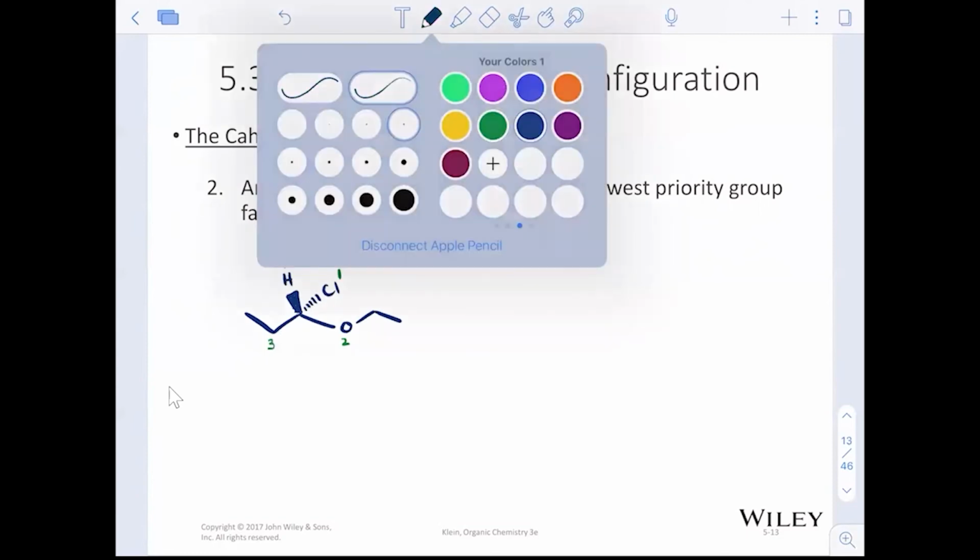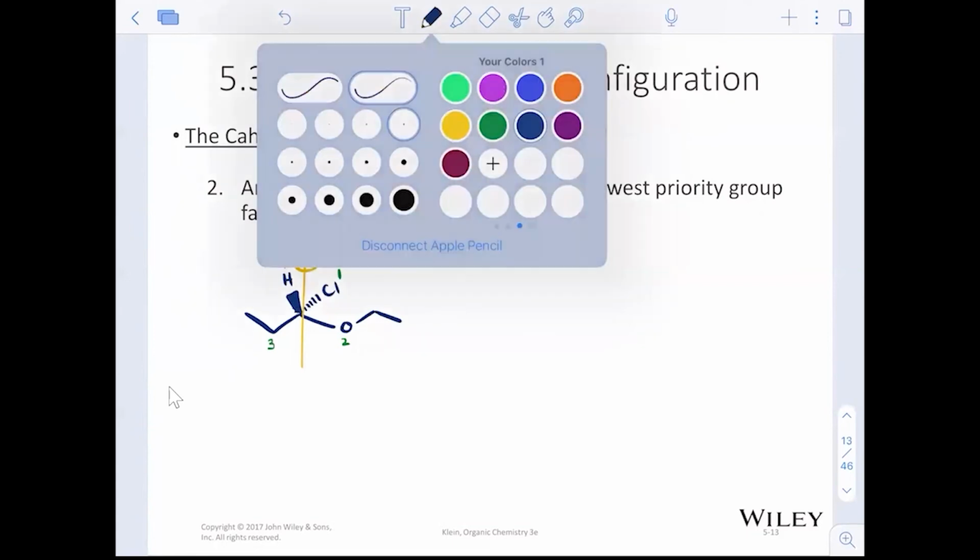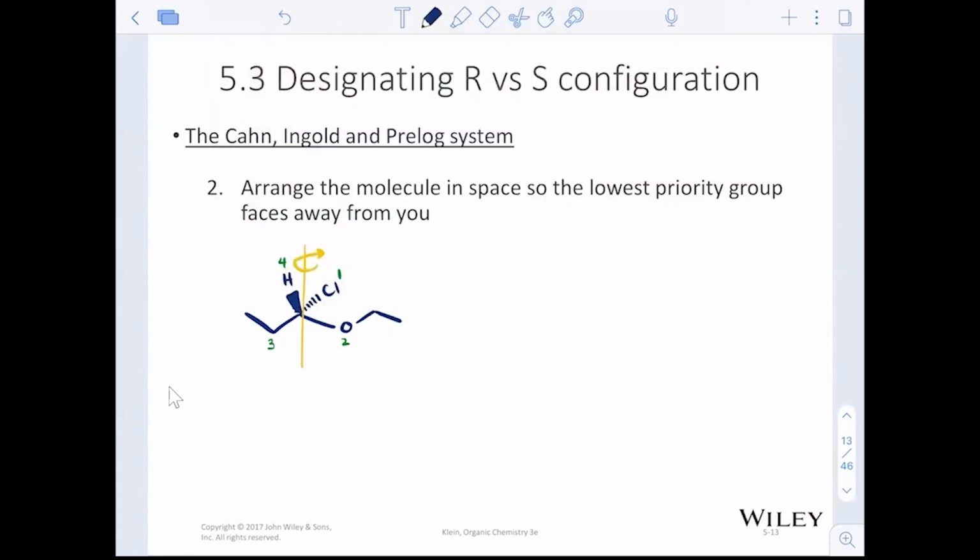There are a couple of tips and tricks, but really the best thing to do is to take that group right here along that plane and literally just rotate and twist so that when we actually can visualize what happens, we see that we're really just pivoting that hydrogen to the back.